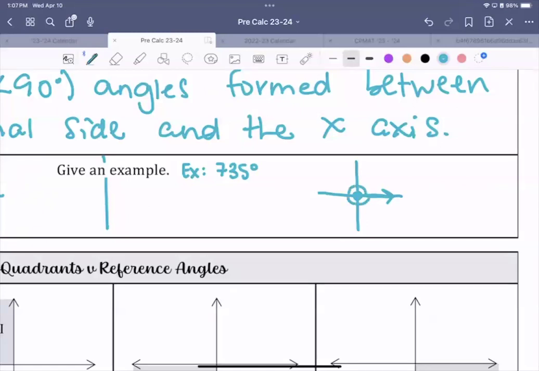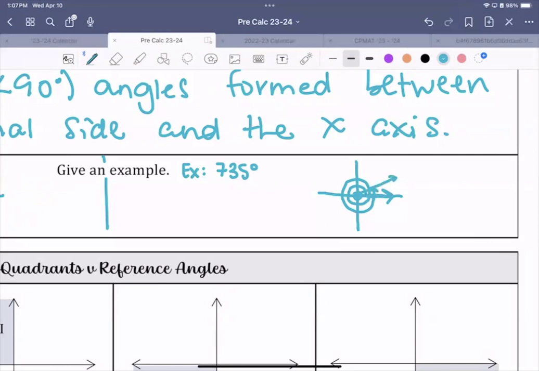And then 735 is still bigger than 720. 720 is 2 rotations, so I'm going to go around another time. There we go. And then that was 720, so I have 15 more because 720 is 15 short of our 735. I'm going to go just a little bit over, probably like there, and then draw my terminal side.